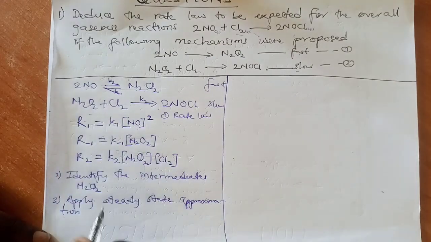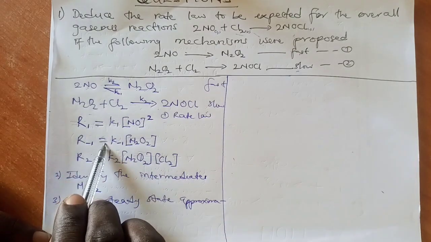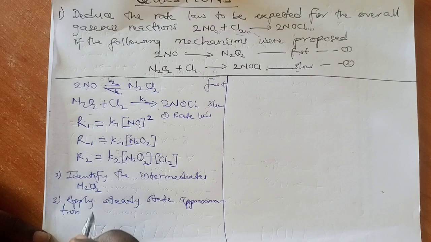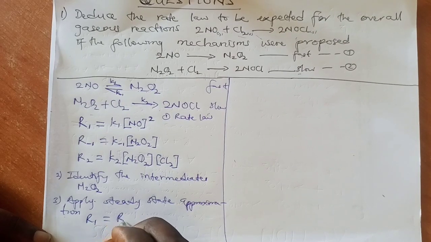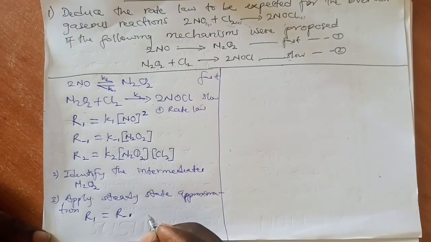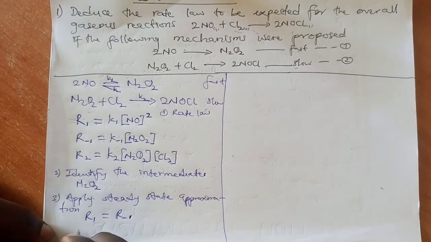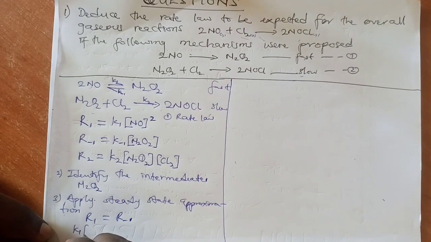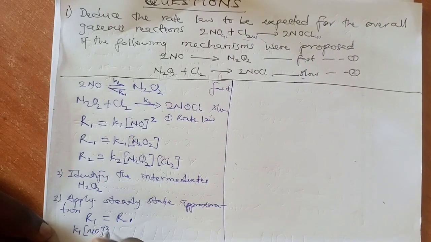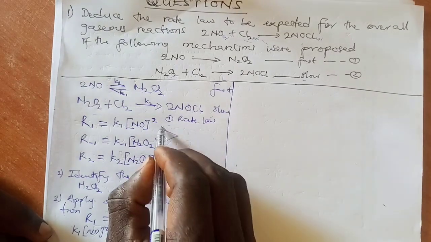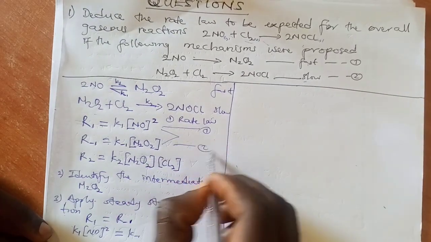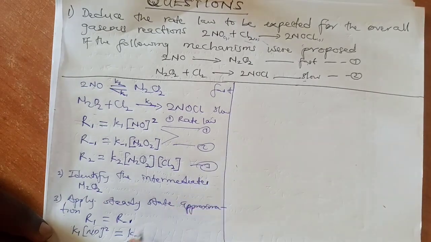When you equate this to this, where you have the reversible reaction, you will see that your intermediate will appear. Then you make the intermediate the subject of the formula, and that will give you R1 is equal to R minus 1. So K1 times the concentration of NO squared equals K minus 1 times N2O2. This is my equation 1, this is equation 2, this is equation 3.